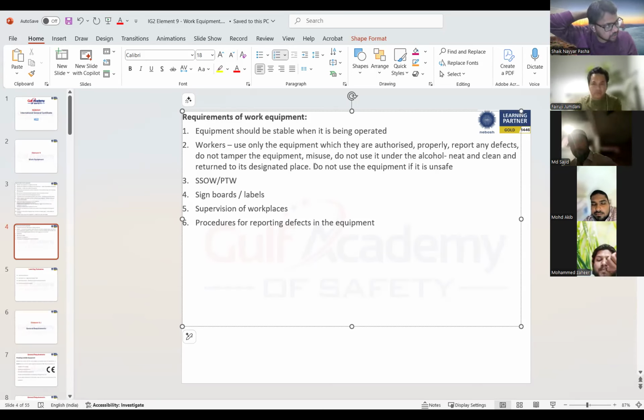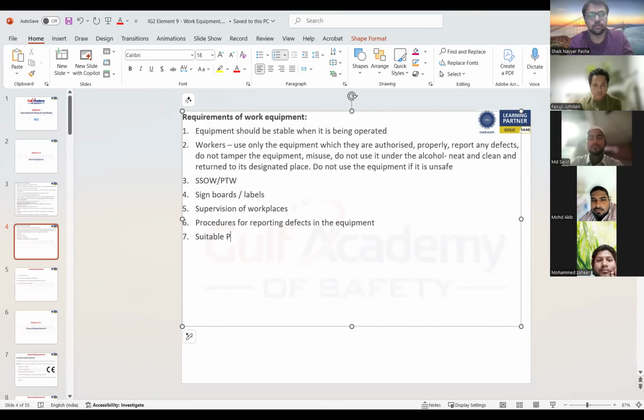So these are the precautions or the general requirements, and make sure you are providing suitable PPE to the workers, depending on the type of the equipment as well as the hazards associated with it.